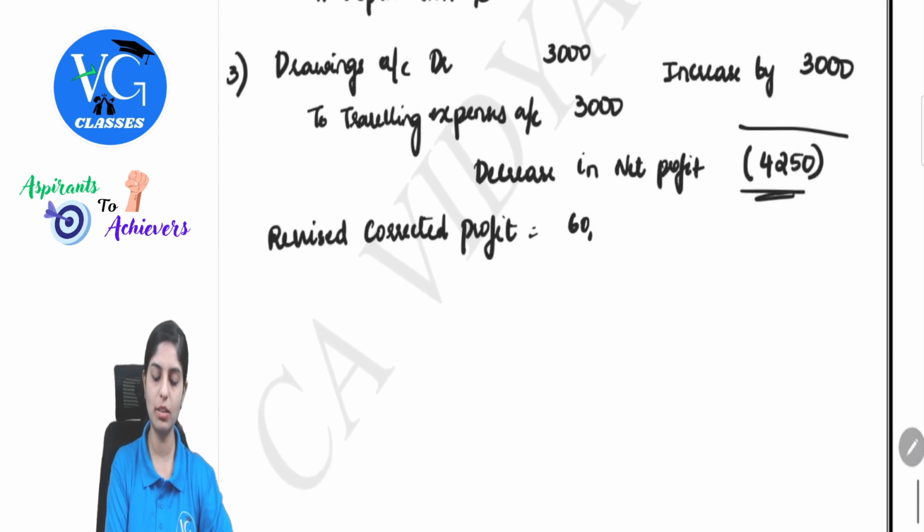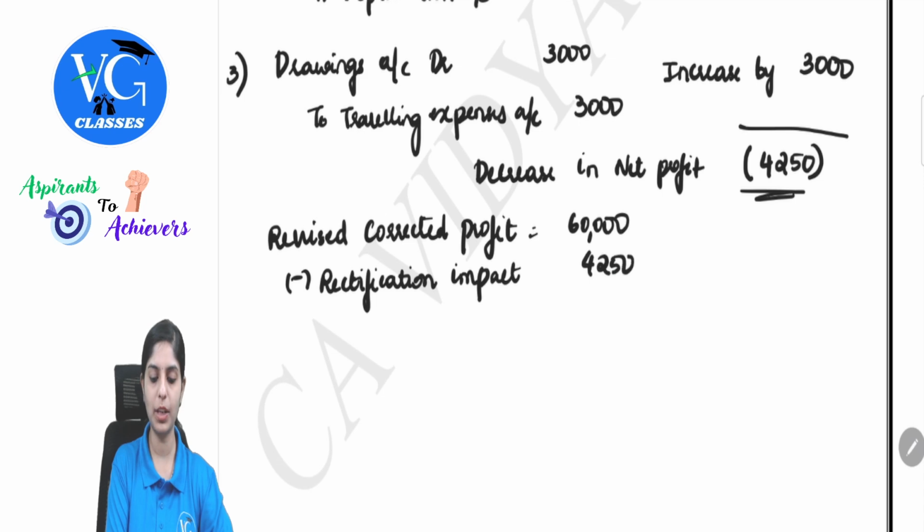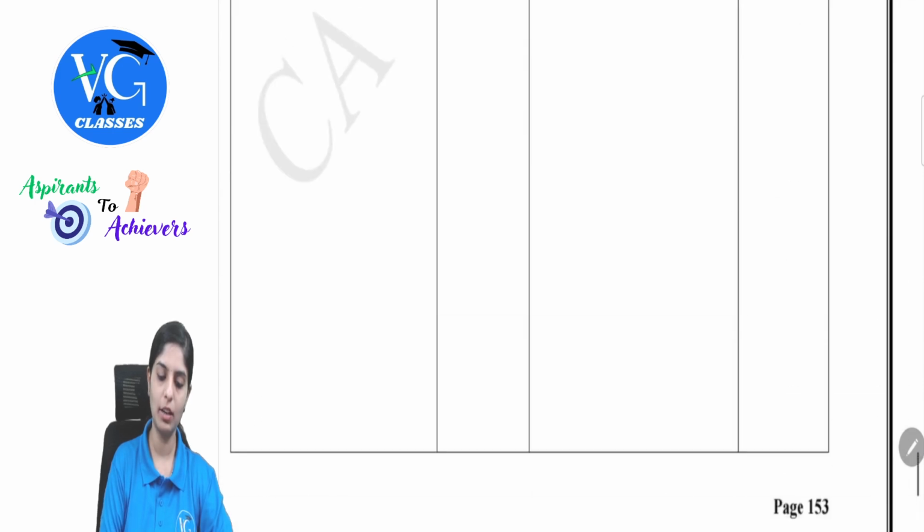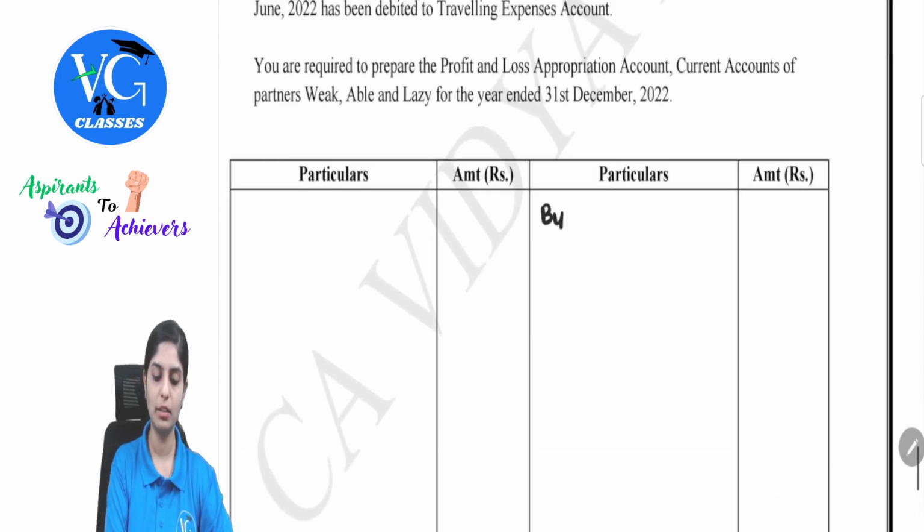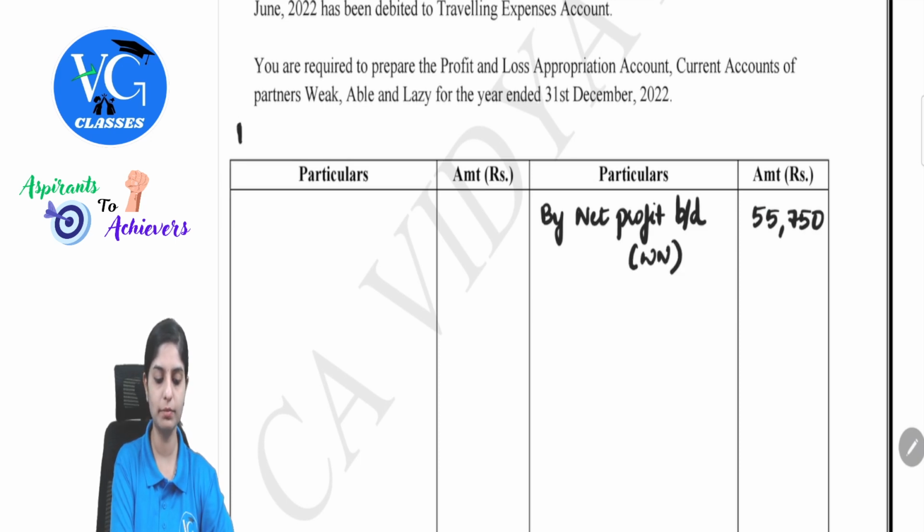Now this 60,000 we will have to reduce by the rectification impact of 4,250. So this will be 55,750, which needs to be used for apportionment. This is my P&L appropriation, net profit brought down 55,750, as per working note.